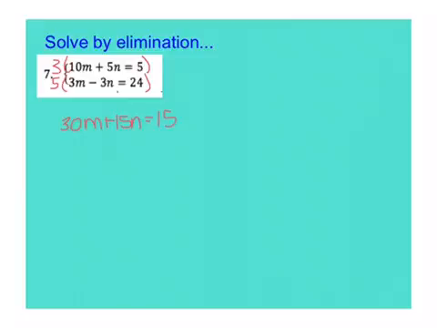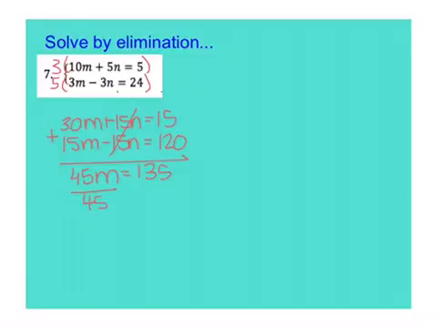And I'm going to get 15m minus 15n is going to equal 120. So if I add these straight down, my n's cancel out, which is exactly what I wanted. So I get 45m is going to equal 135. Divide by 45. So I get m equals 3.